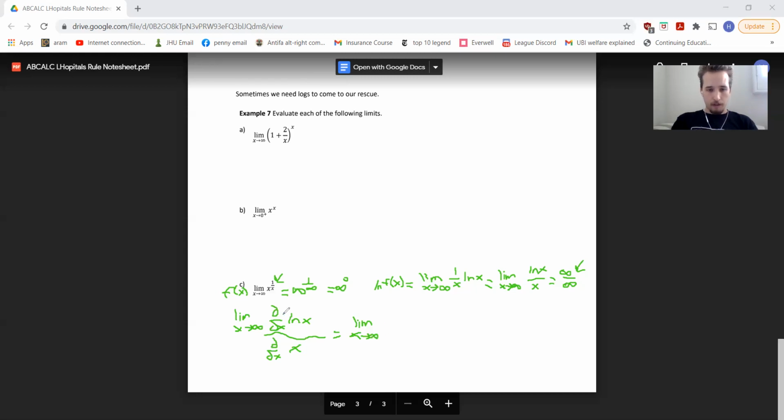Okay, and so you take the derivative of ln of x, you get 1 over x. The derivative of x is just a clean 1. So we just get the limit as x goes to infinity of 1 over x.